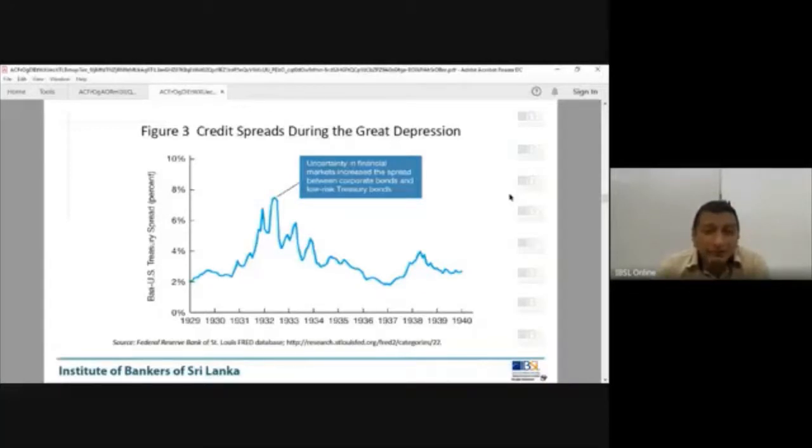But when you see it is 8%, if the US Treasuries are 3%, these assets are costing 11%. So the spread has continuously widened, and then you see some direction of reduction, but it could not come back to the 2% levels experienced prior to the Great Depression.